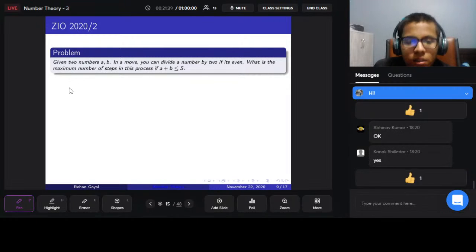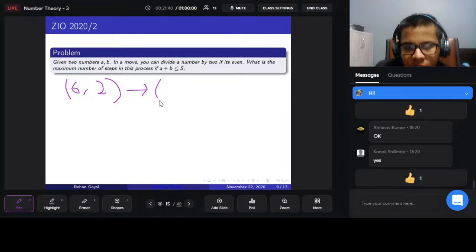The step process is, for example, if you have numbers 6 and 2, I can go by dividing any one of these by 2. So I can go to 3 comma 2. Now I cannot divide 3 by 2, so I'll have to go to 3 comma 1.